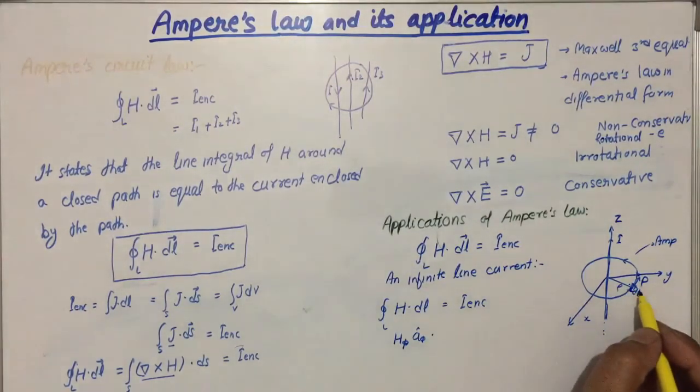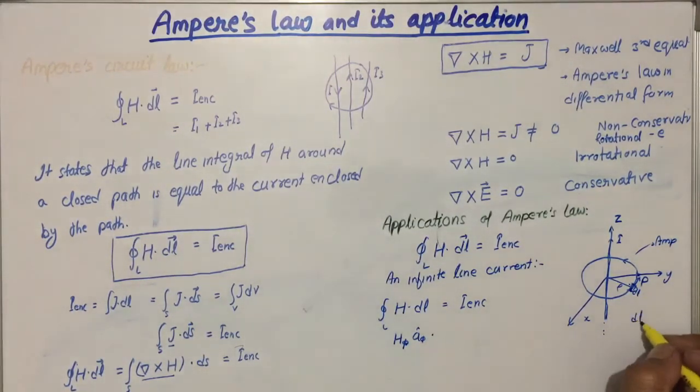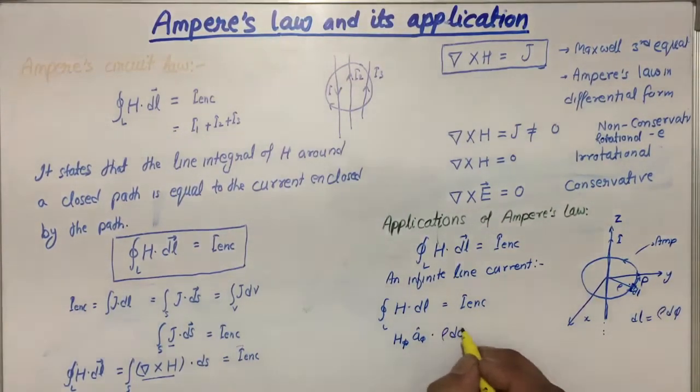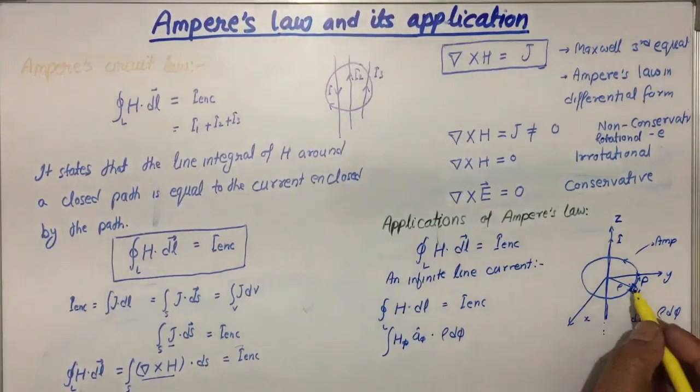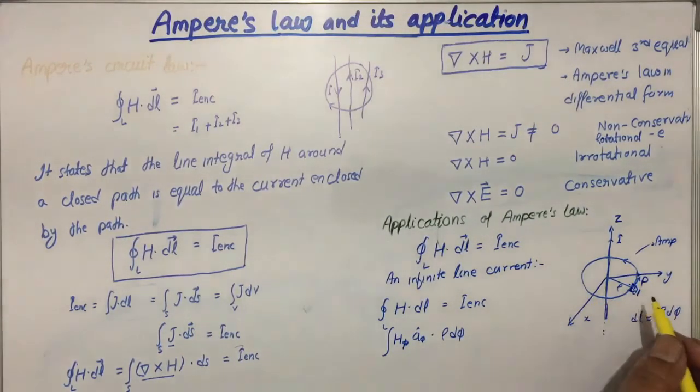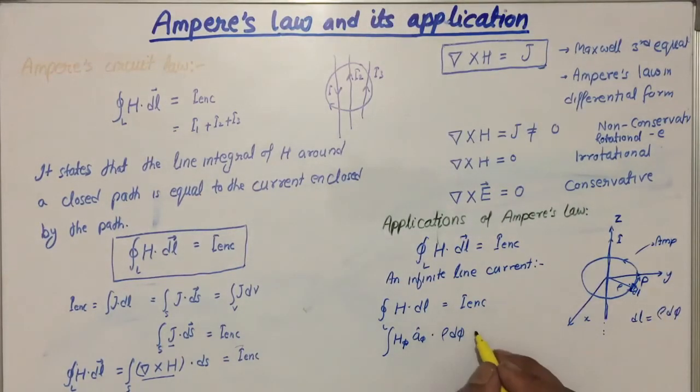So dl can be written as rho d phi, for the closed path from here to here. It means now phi is varying, and that gives the I enclosed.